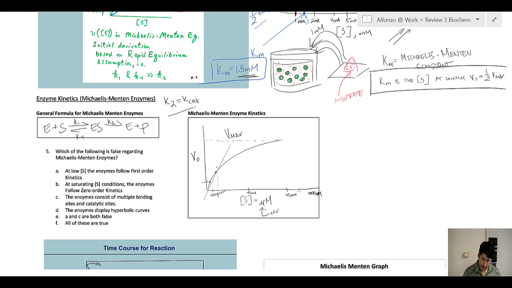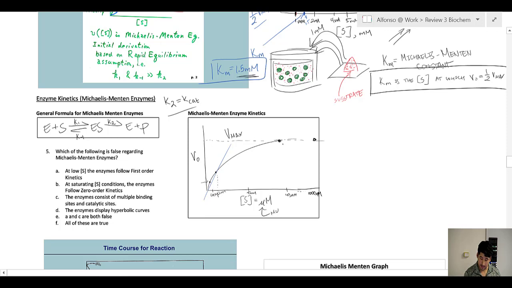But what happens when I'm at, let's say, 10 micromolar? What happens to the velocity? It goes to Vmax. Now, what if I increase that concentration by 100 times? What happens to my velocity?